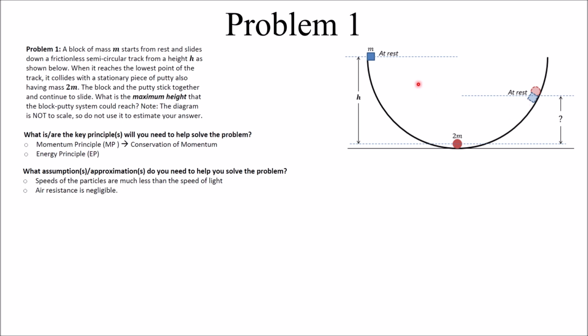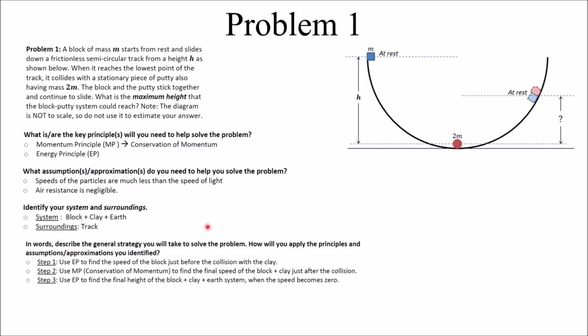We can get rid of air resistance as usual, and we're looking at the system being the block, the clay, and the earth. And so this piece of putty or clay or whatever at the bottom is that 2m, and this is the block. And so the surroundings we can just basically say is the track.